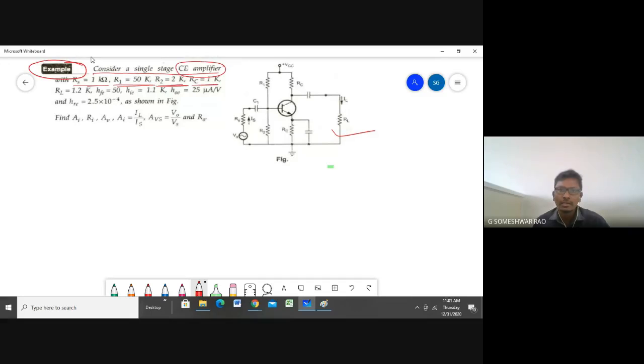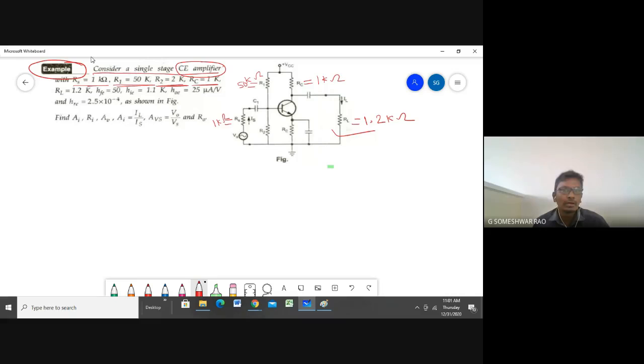అంటే ఇక్కడ అన్ని పారామీటర్స్ ఇచ్చాడు. R1 is 50 kilo ohm, and Rs is 1 kilo ohm. RL is 1.2 kilo ohm.